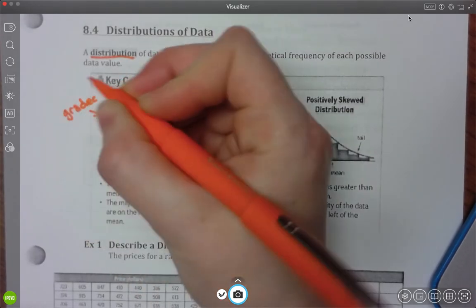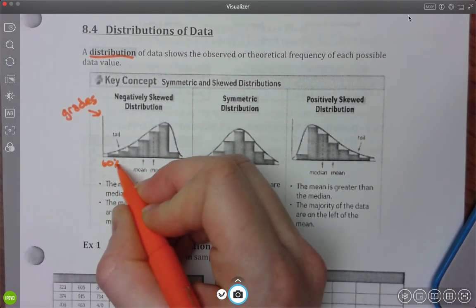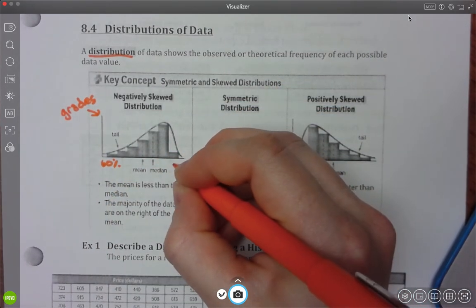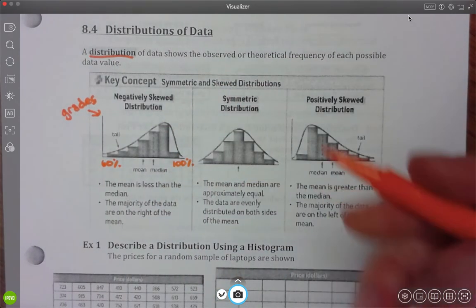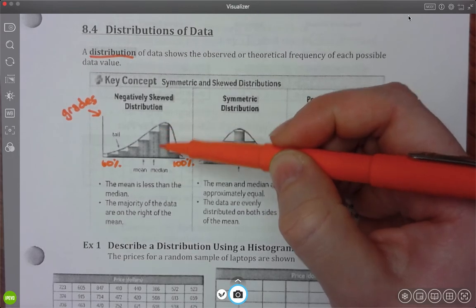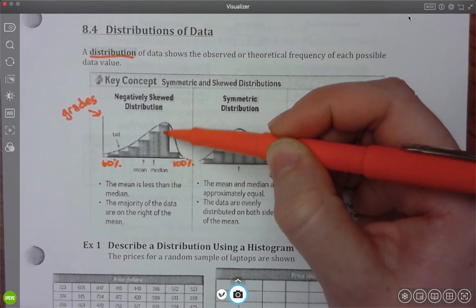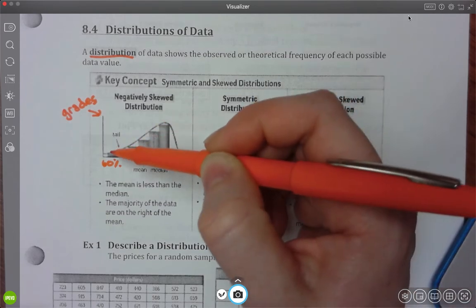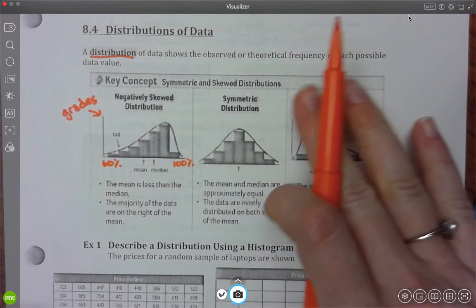Hopefully you have very few grades down here in the 60s, and a lot of grades up here in the 90s and the 100s, okay? The height of each one of these bars is the frequency, so how many there are. So maybe you have a lot of homework grades or test grades up here, and then not as many in those lower grades, okay?